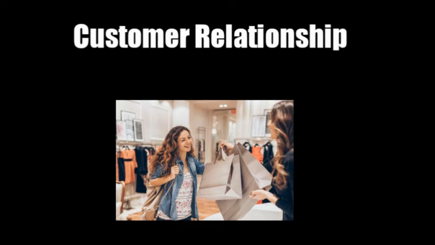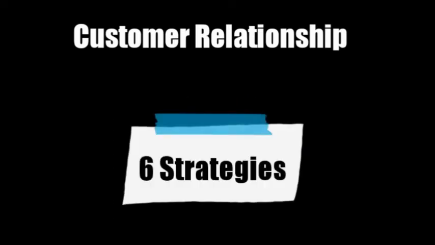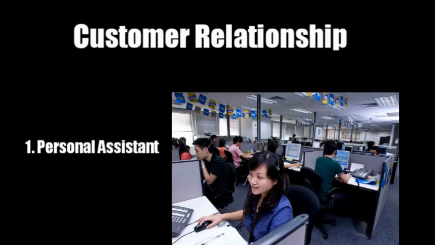So there are different ways. Let me just give you 6 ways you could also do this. For instance, you could have a personal assistant for a particular customer, right? The customer has a problem, he can get to you. You know, those are relationships. If there are no ways your clients can get to you, it's a problem. So personal assistance can be just like customer care, like what MTN does, right?